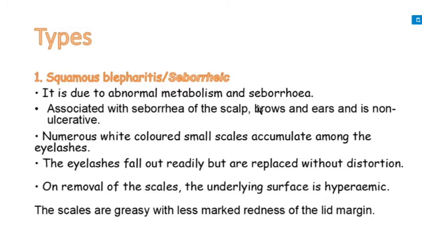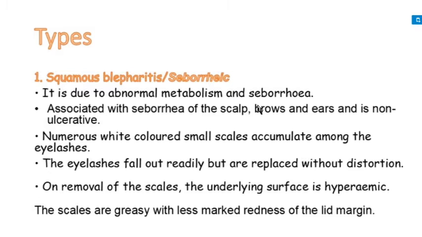Okay, so now we come to the types. First we have the squamous blepharitis, right? So it is basically due to an abnormal metabolism in seborrhea, associated with the seborrhea of the scalp, brows, ears, and is basically non-ulcerative.